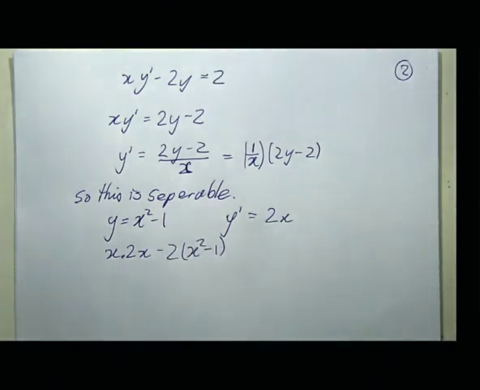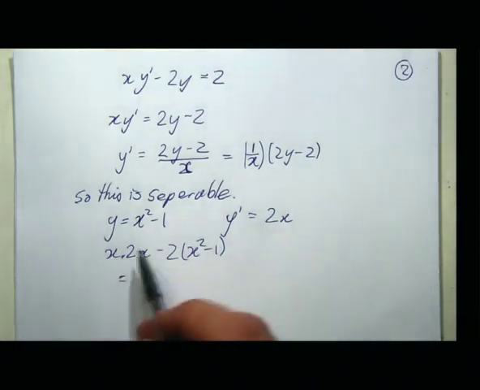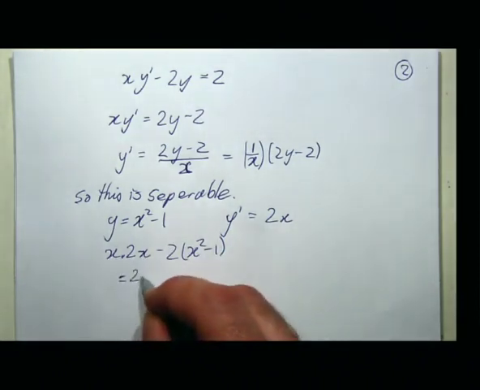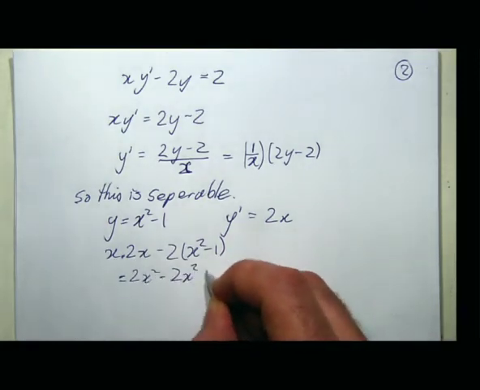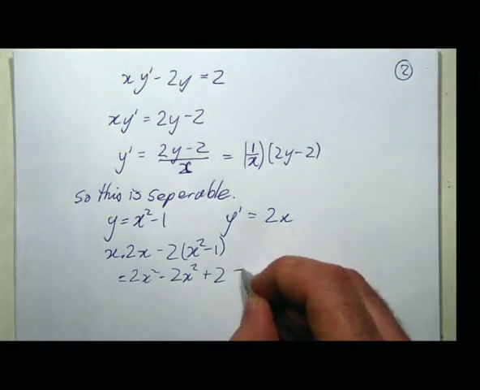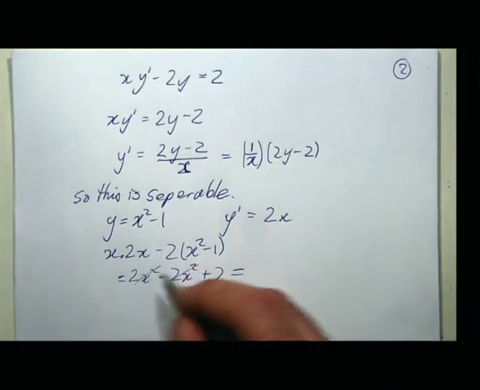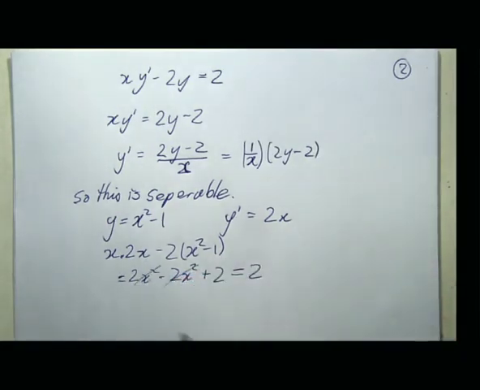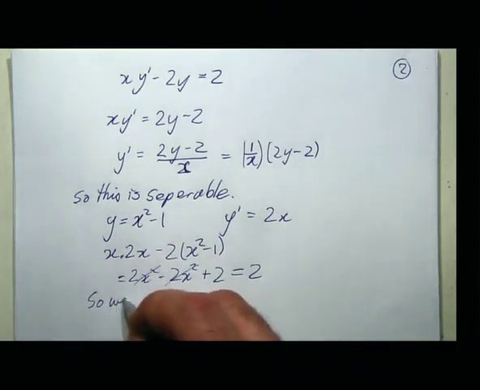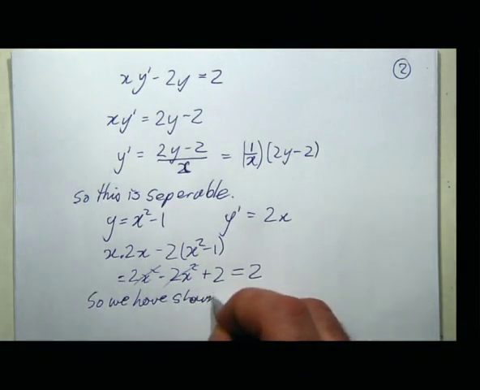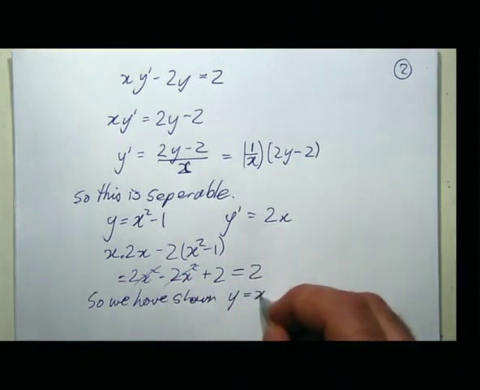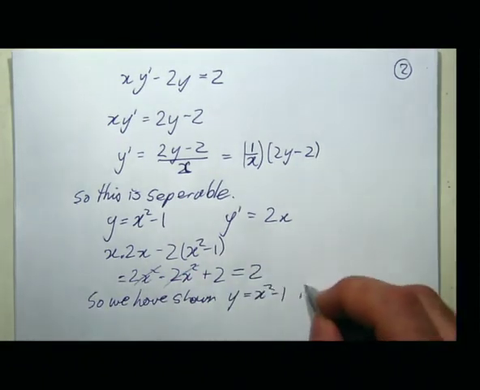We're not going to say it's equal to 2, because we're hoping that's what's going to show out when I expand this out. So x times 2x is going to get me 2x squared minus 2x squared plus 2. That cancels with that, and I'm equal to 2. So we have shown y is equal to x squared minus 1 is a solution.